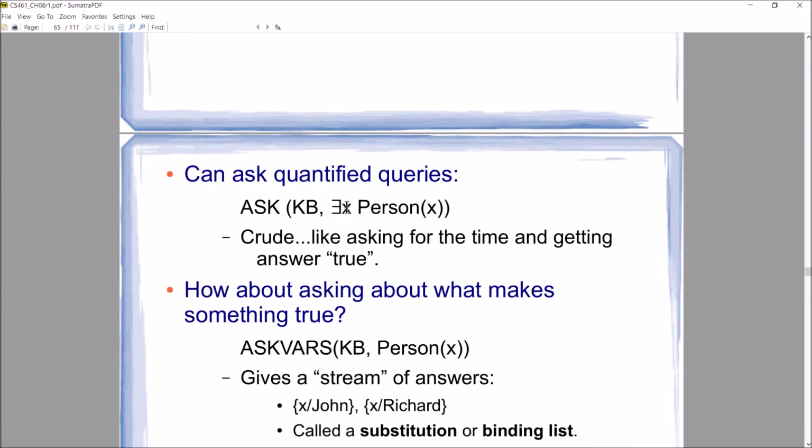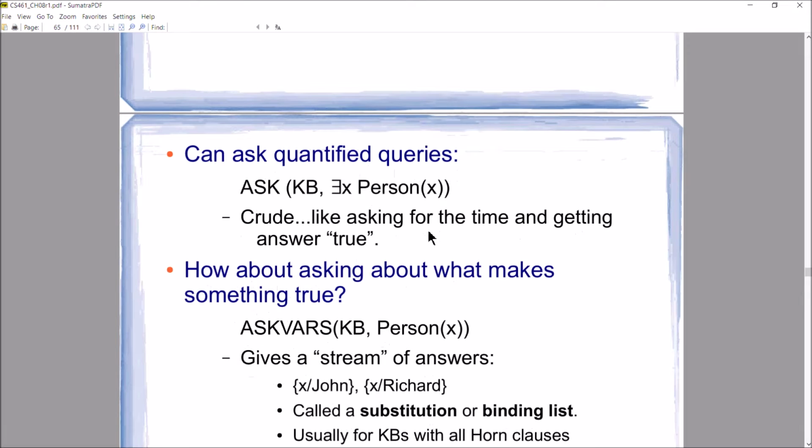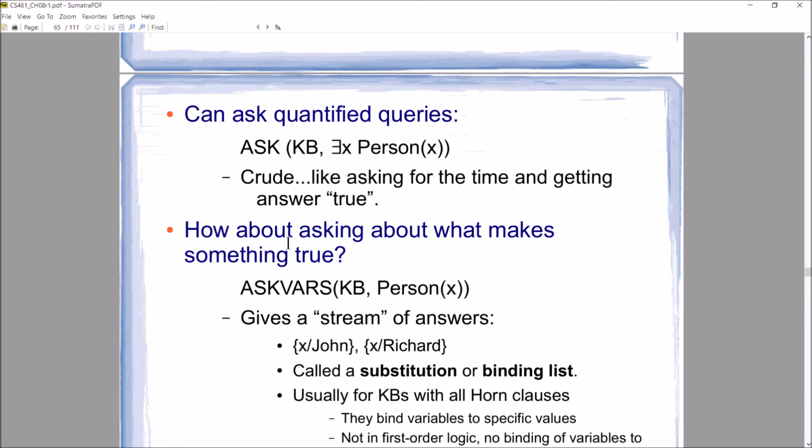If you're trying to ask, can you tell me who all the people are, or if you know of a person, then we are going to need something a little bit more useful, or more elegant or wieldy. We might want to be able to ask about what makes something true.